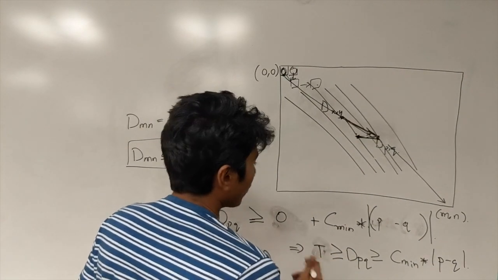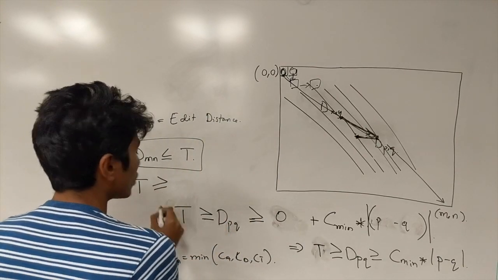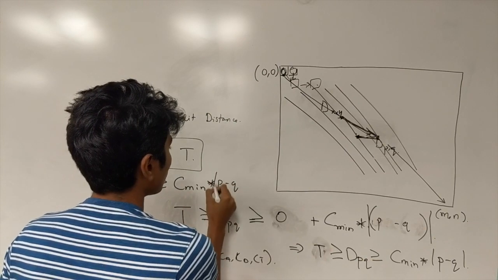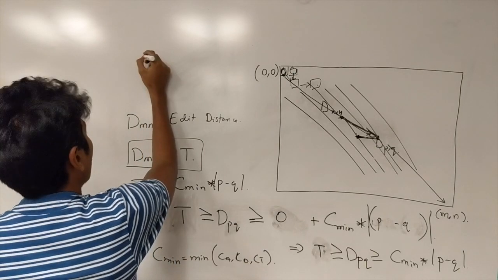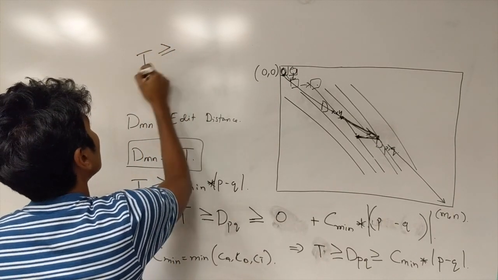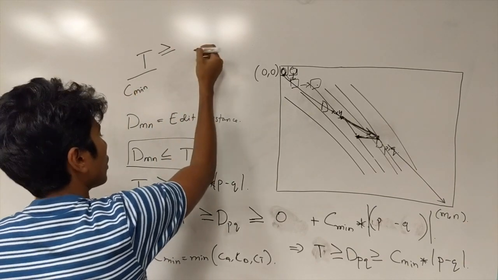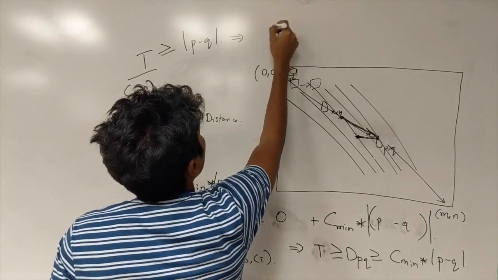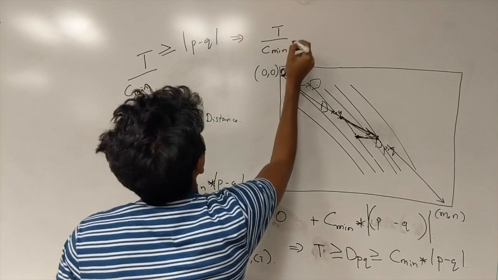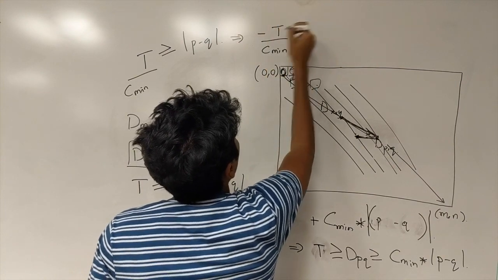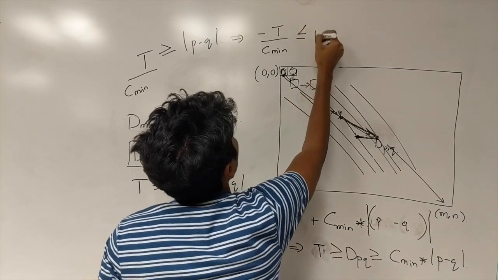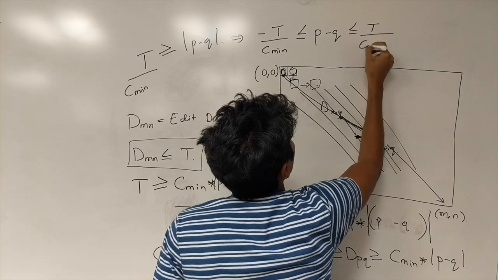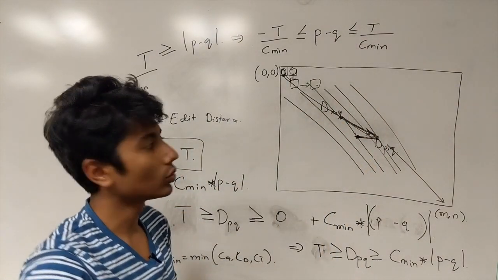So what we have is t is greater than or equal to this quantity, which is c min into mod of p minus q, which gives us t is greater than or equal to, divide this by c min, mod p minus q, which in turn gives us t by c min is, when you negate this, it becomes less than or equal to p minus q, and when it is positive, that time it is greater than or equal to p minus q.